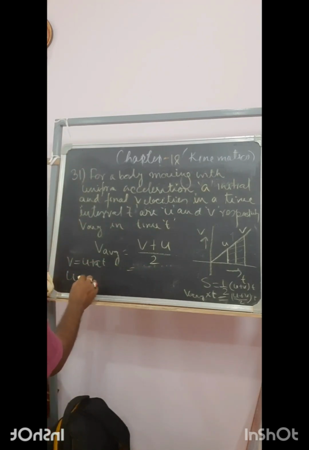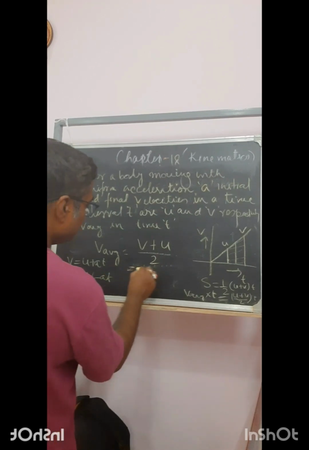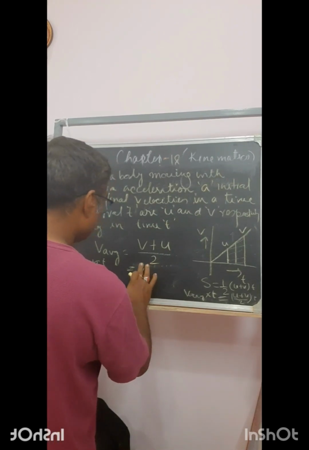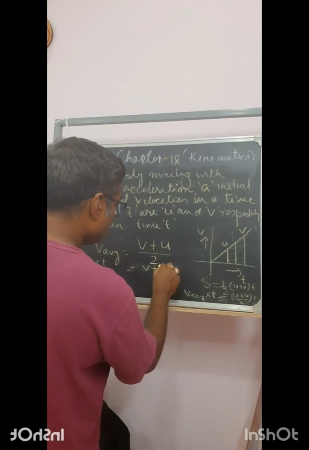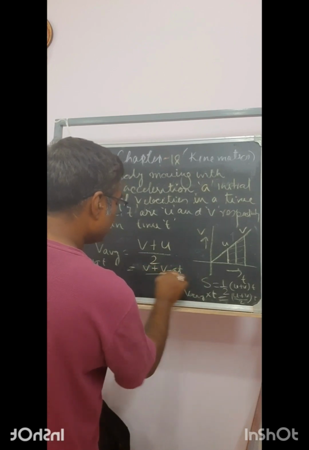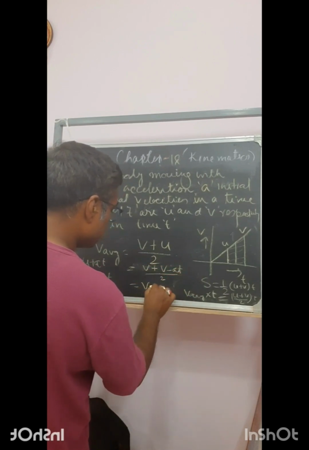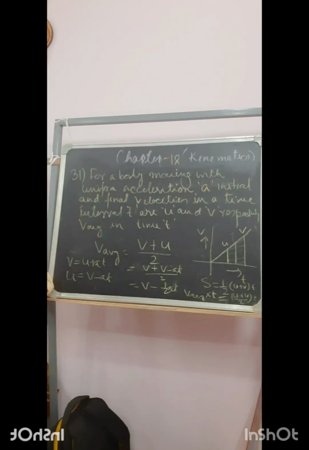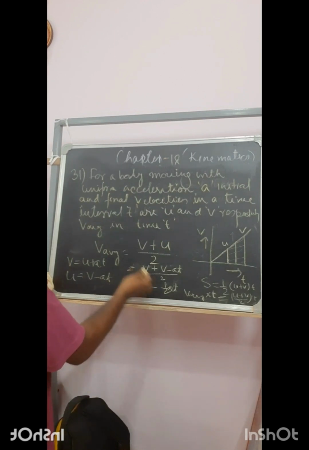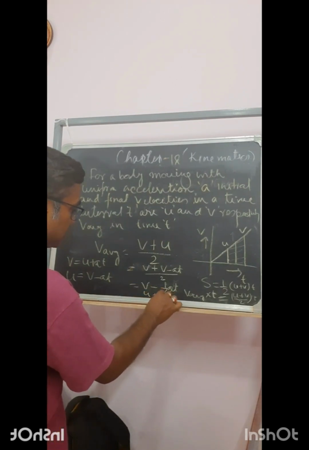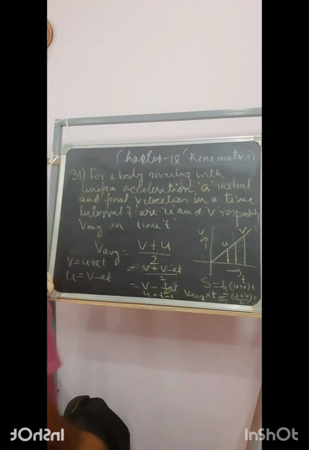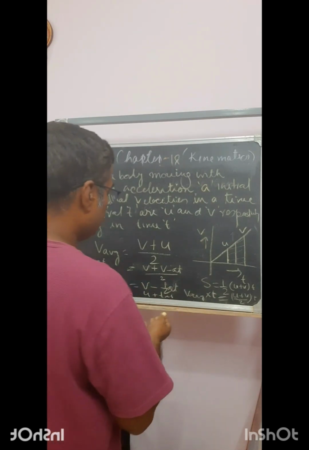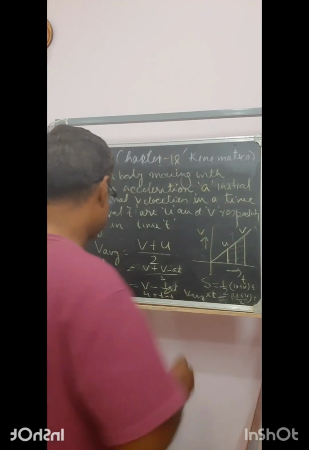In that case u is equal to v minus at, so v average is v minus half at. So any of the equations, u plus half at or v minus half at, whichever is given in the option, you can choose and accordingly answer it.